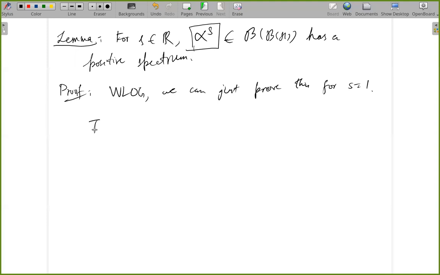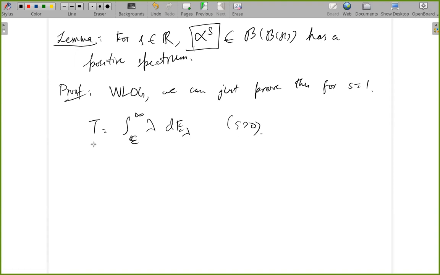Now T we had noted had this, again, I'm replacing the epsilon by 0. Oh, actually, no, I think I should stick with this epsilon. So you have this spectral decomposition of T being positive and self-adjoint.